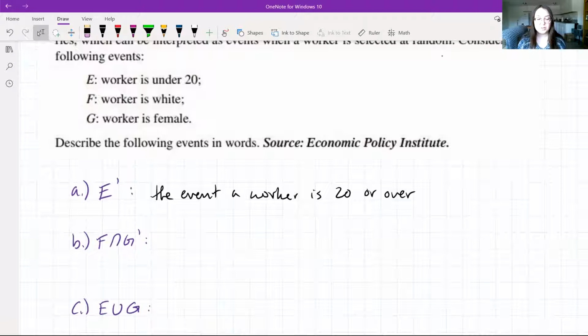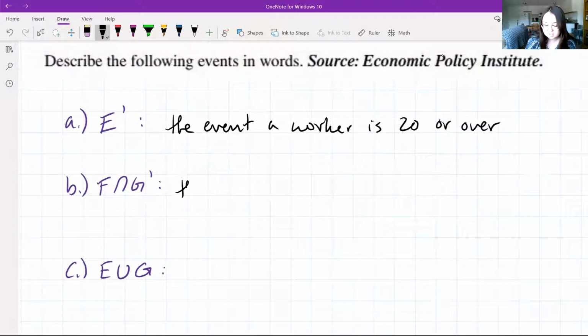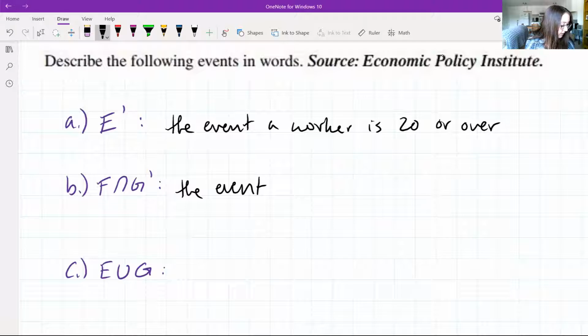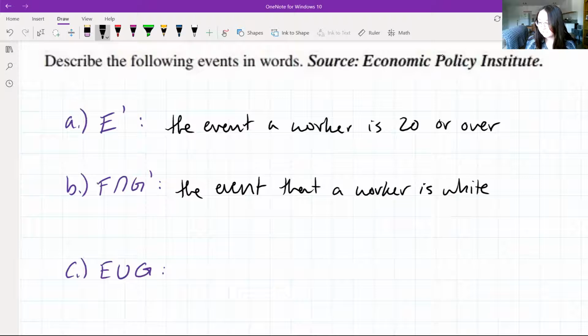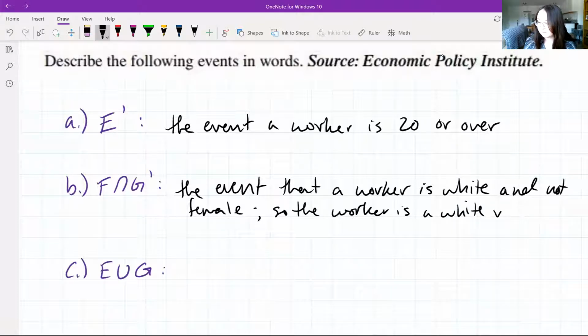So a worker is white and the worker is male. So when you write this, we can say that this is the event that a worker is white and not female. So the worker is a white male.